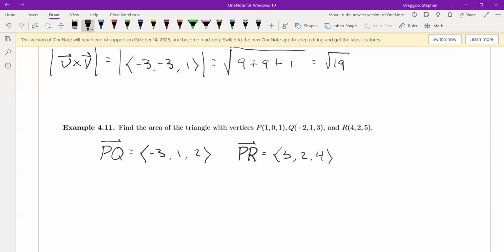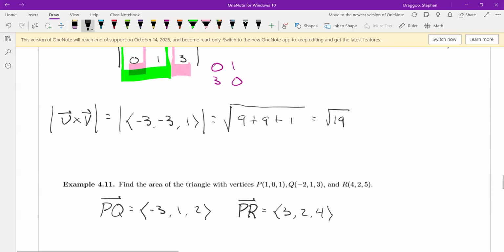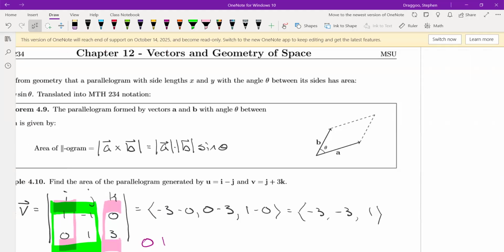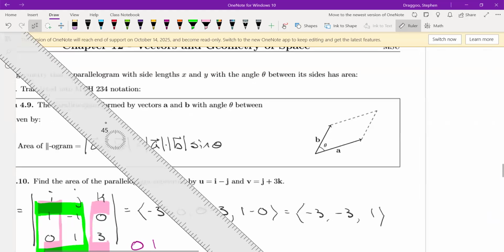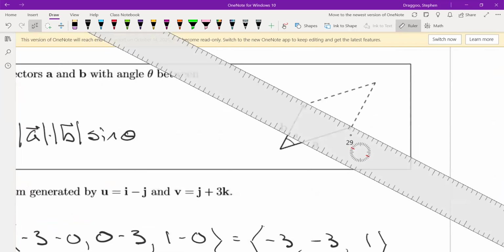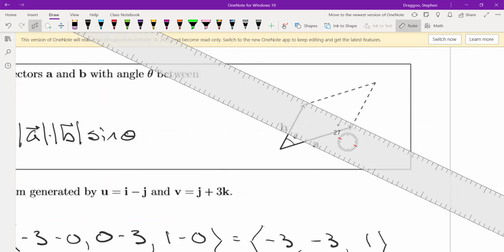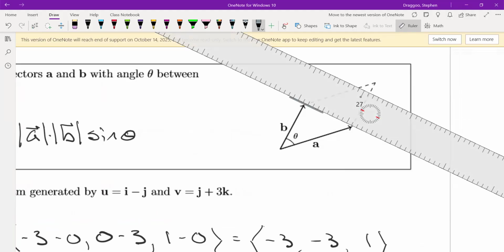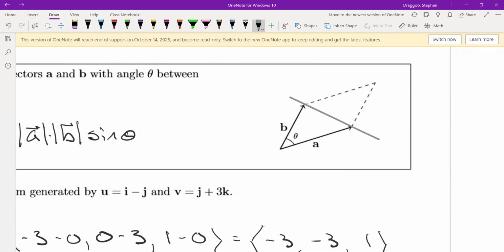Now I'm looking to get the area of the triangle with those vertices. Here's where I'm just going to come back up to our definition, the geometric definition of the cross product. And let's draw it in this way, drawing in the line that just connects the terminal points of those two vectors.